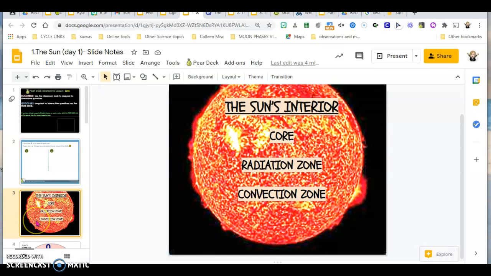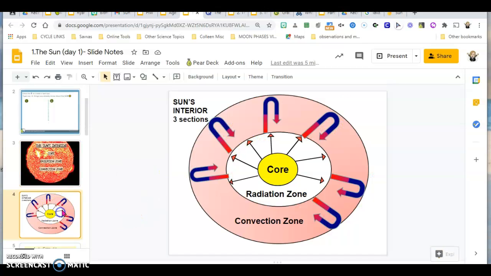We're going to be talking about the Sun by discussing the Sun's interior: the core, the radiation zone, and the convection zone. There are 3 layers to the Sun's interior, 3 regions. The core is the very center of the Sun. It's where energy is made. Once the energy is made through a process called nuclear fusion, the energy moves outward through this very dense zone.